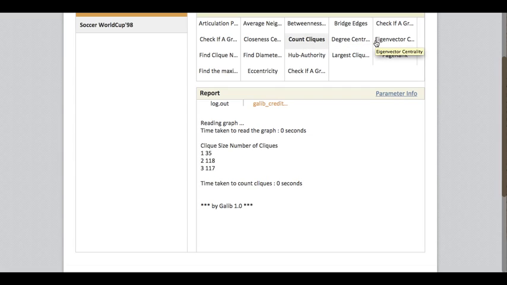Cliques, degree, centrality, find clique number.